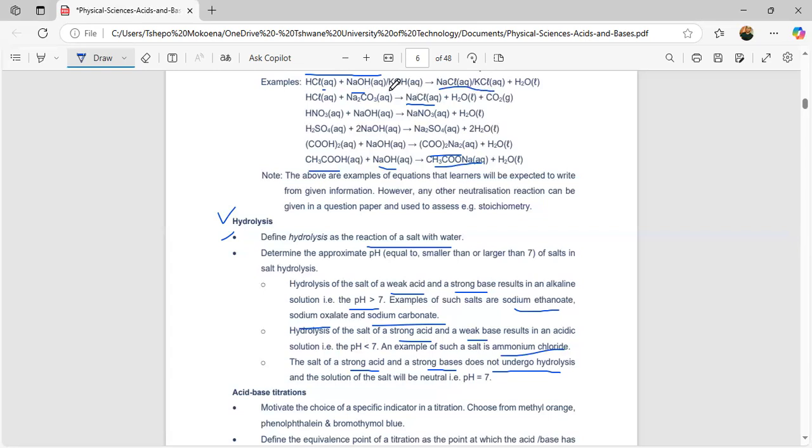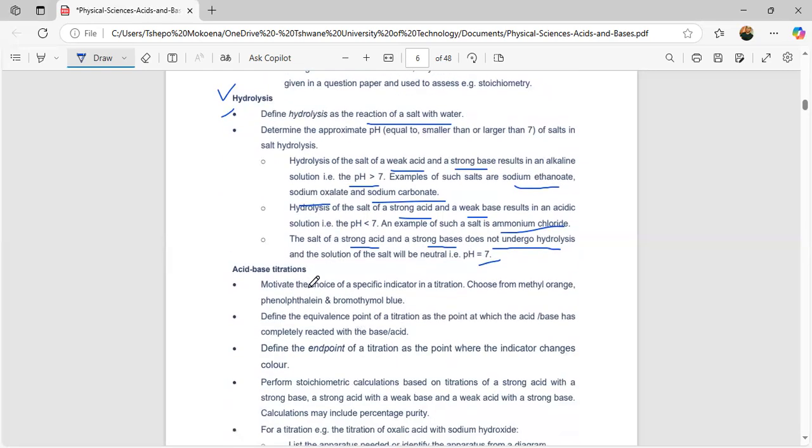Or you take your KOH and HCl, we definitely are going to form KCl. This salt will result in a solution that is neutral, whereby the pH will be equal to 7. Then again, like I said, we'll go through the content and see how these things actually work.